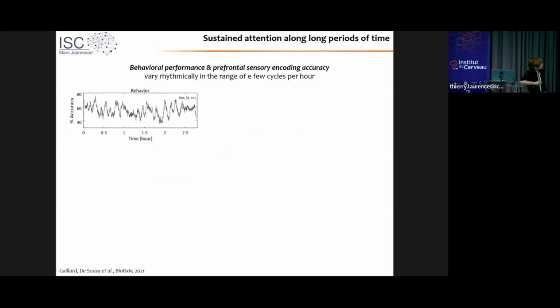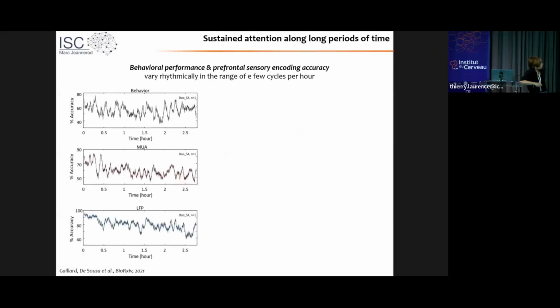So this is 1 hour, 2 hours, almost 3 hours. And you see these quite impressive changes in behavioral performance, going from up to 80% to as low as 40% or lower.